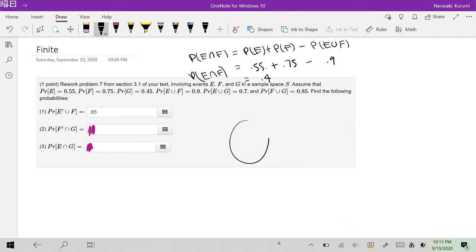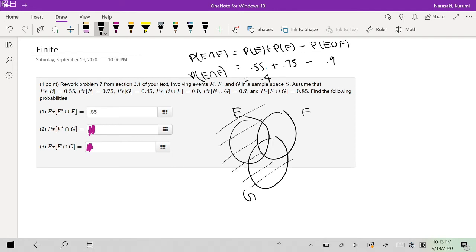If this is E, F, and G again, we're looking for the intersection, which is different, of not F. So this is not F, right here, right? Not F. And G. And then G is right here. We're looking for the intersection.